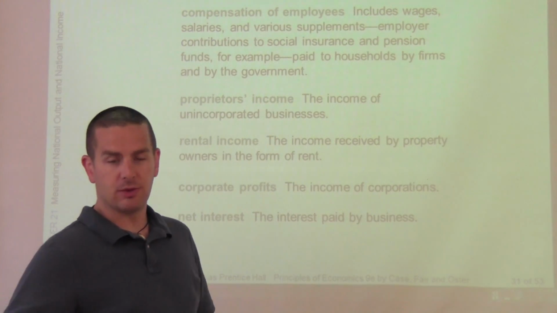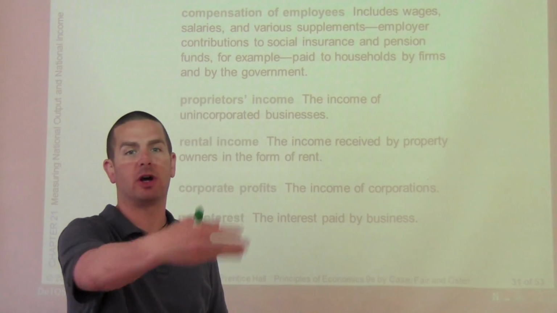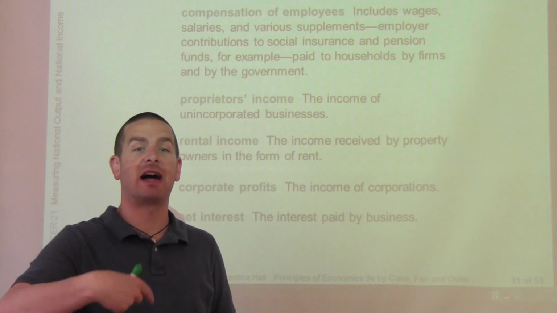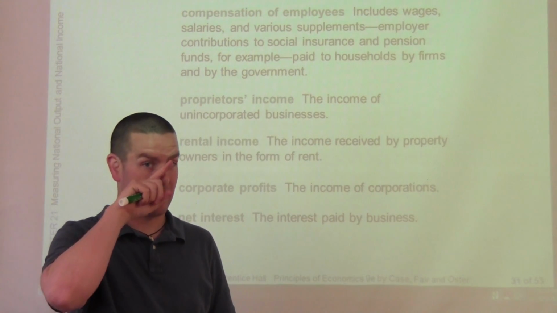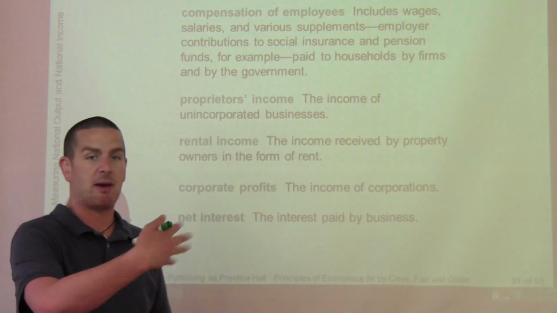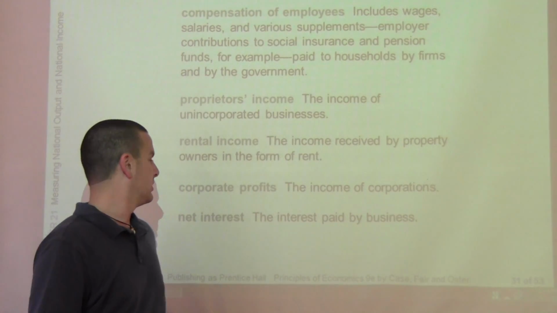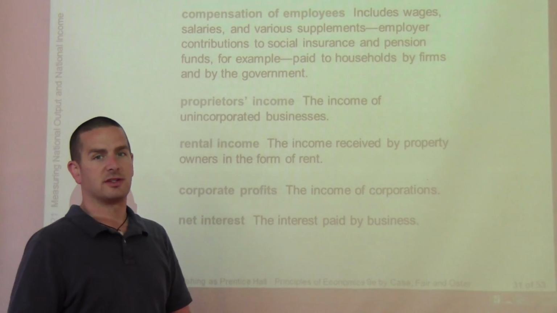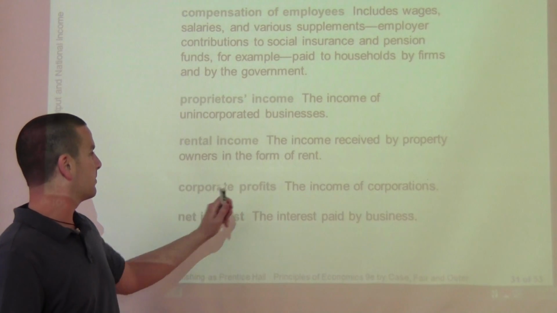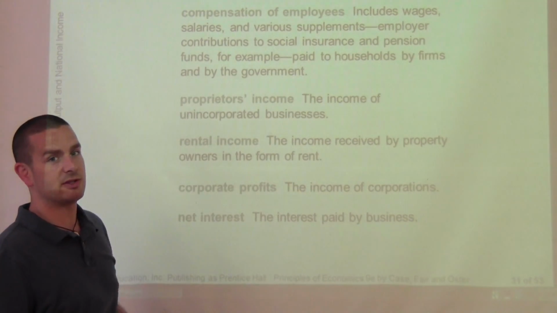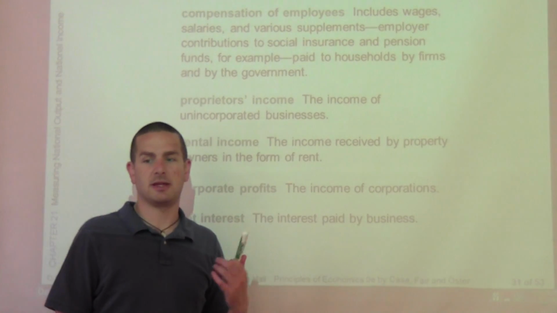So you actually get $105 back, just because you happen to have money on hand. So that's interest. If you add up interest, profit, rent, and wages, you get GDP.